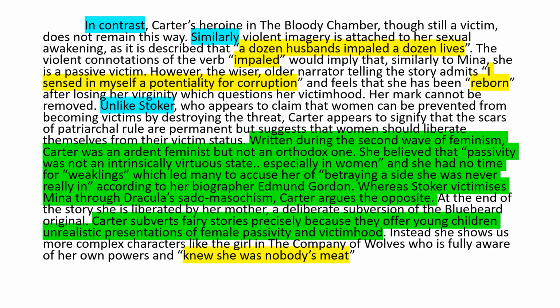There's no reference to what happens in The Company of Wolves, but merely it's used as an illustrative example of how Carter adapts fairy stories or changes them to make the point about the topic sentence. How are women portrayed as victims or not?